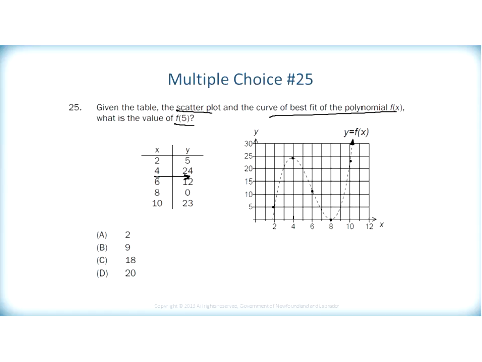We know it is between 12 and 24. We're going to use the trend, and if it's between 12 and 24, we can cancel out A and B. They're not options. If we look at x equals 5 and we go up to the trend, you can see that it crosses right here at 20.